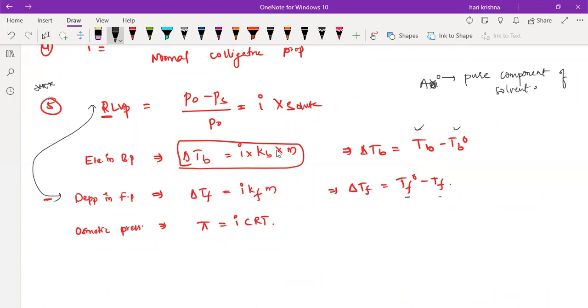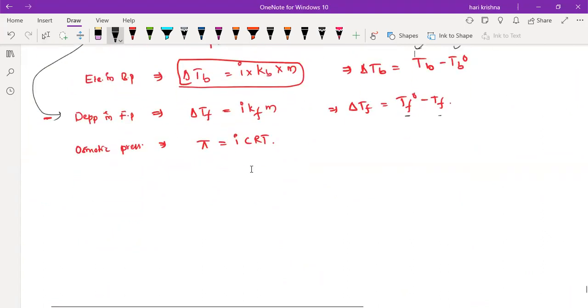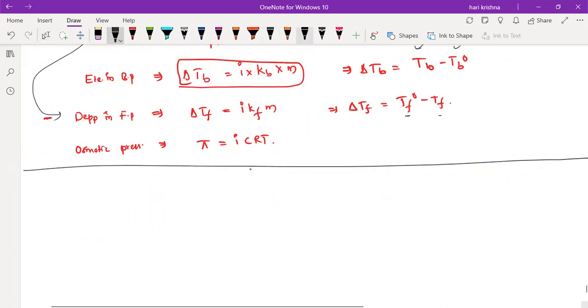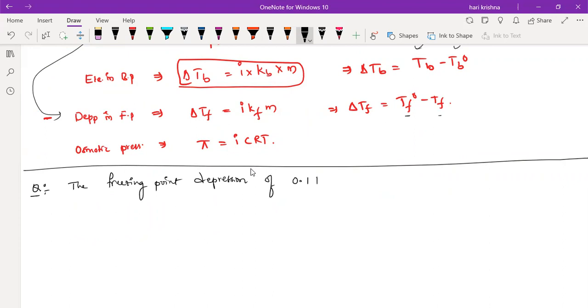So first problem. The freezing point depression of 0.1 molar NaCl solution is 0.372 degrees Celsius.